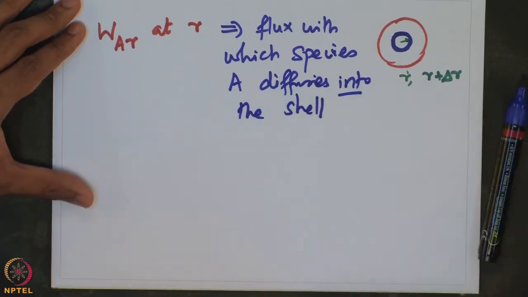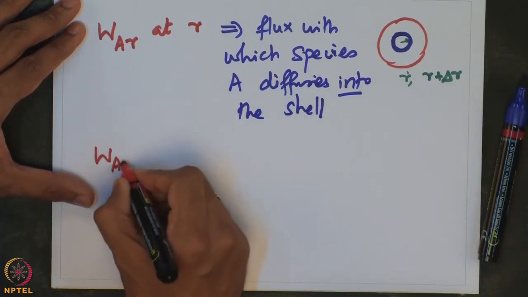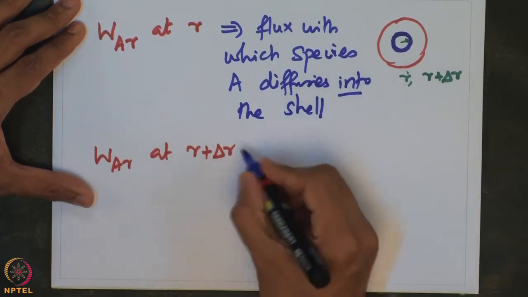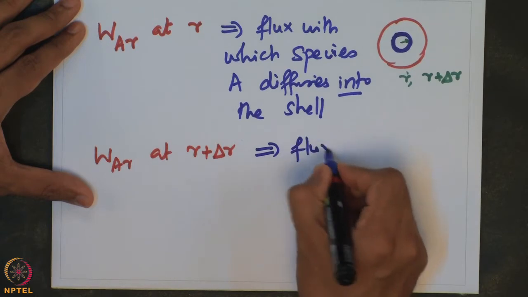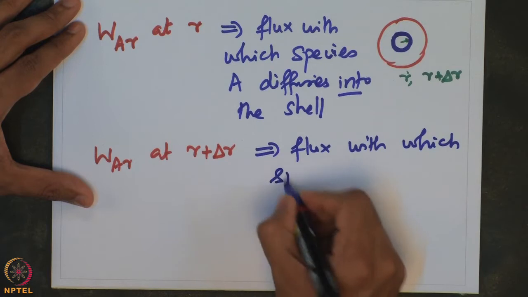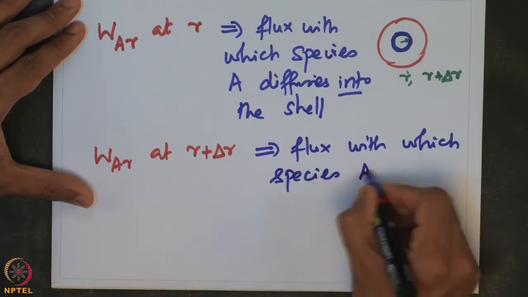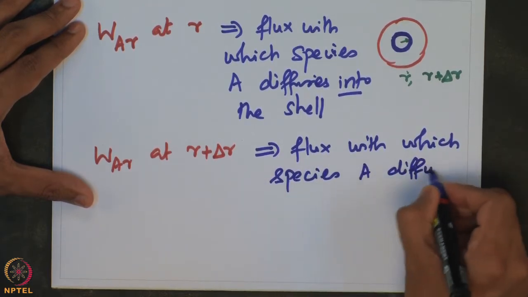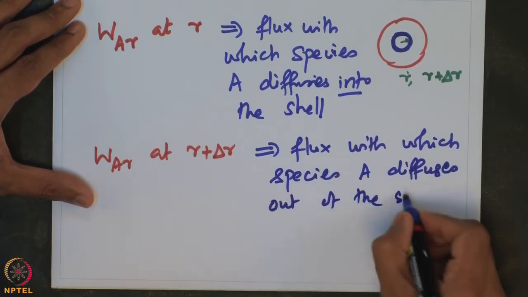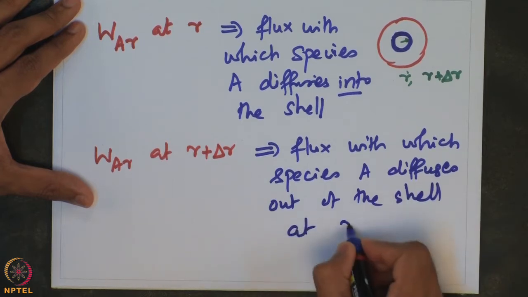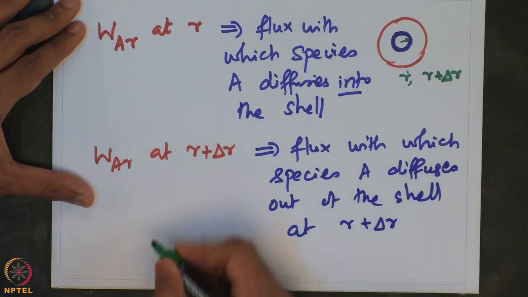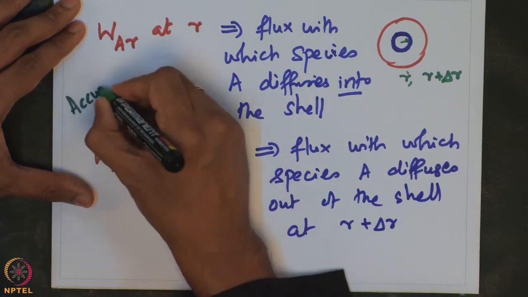We also need to find out the flux at r plus delta r, which is essentially the flux with which species A diffuses out of the shell at r plus delta r. We have assumed steady state, so therefore, the accumulation is 0.